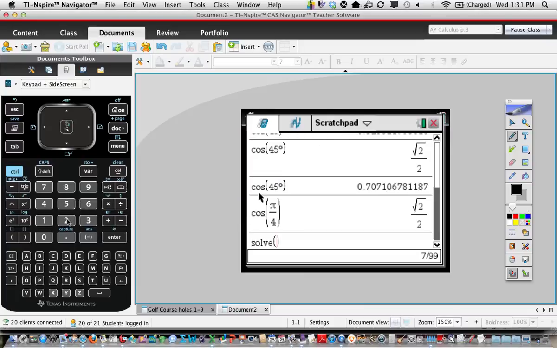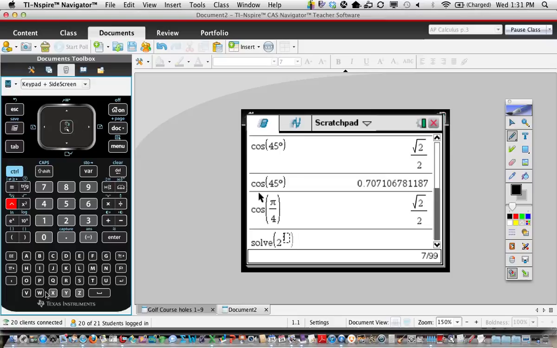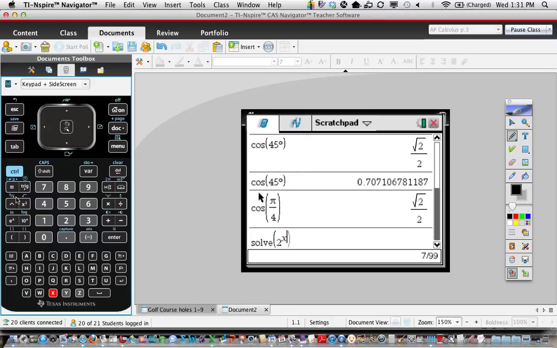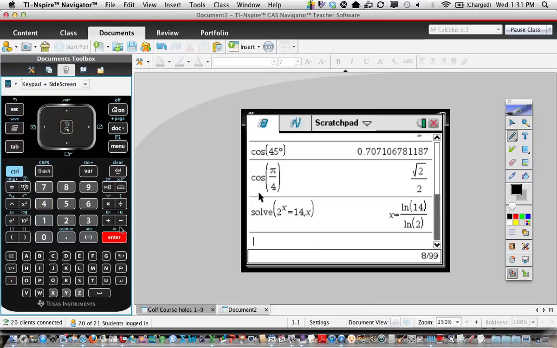But I could come in here and I could do solve 2 to the x equals 14, comma, x, hit enter, and look what it does. ln, see how it puts it in natural log also. ln 14 over ln 2.